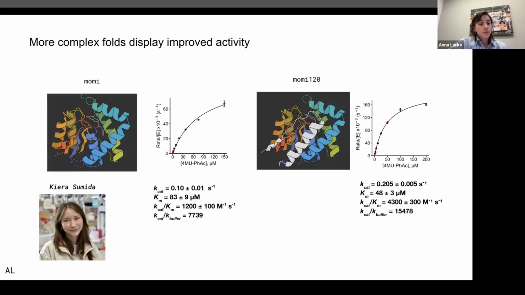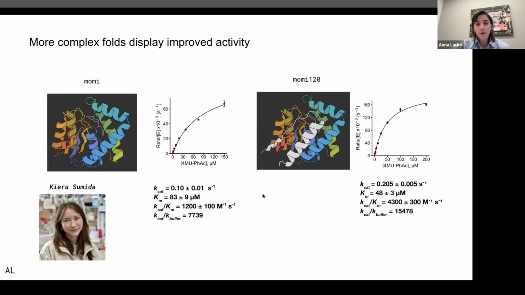And so Kira Sumida, a grad student in our lab, did a lot of this work designing these proteins, these serine hydrolases with these more complex topologies, using this bootstrapped version of AlphaFold. And she was able to generate these designs that are our best designs that we've been able to make so far. kcats on the order of 10 to the minus 1, and kcat/KMs in the thousands per molar per second.